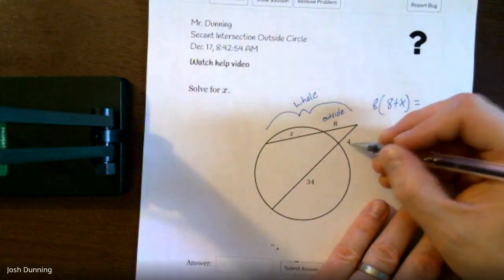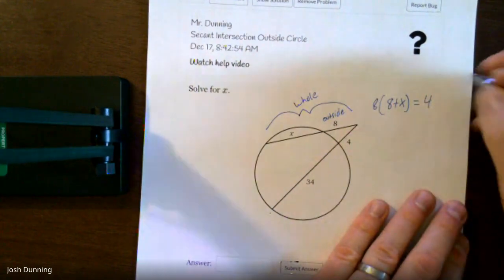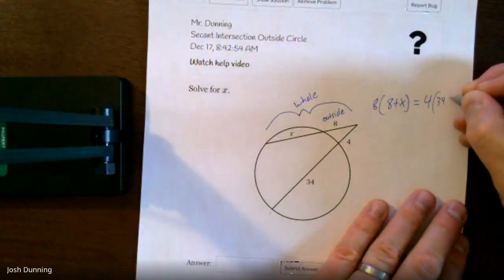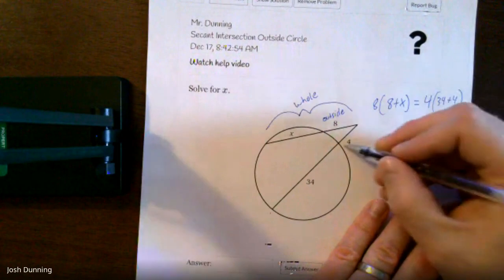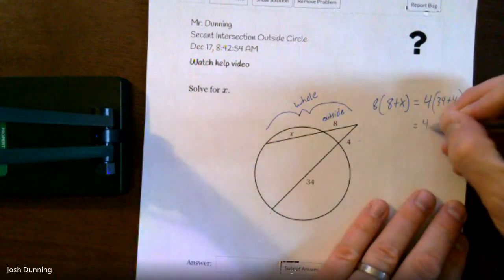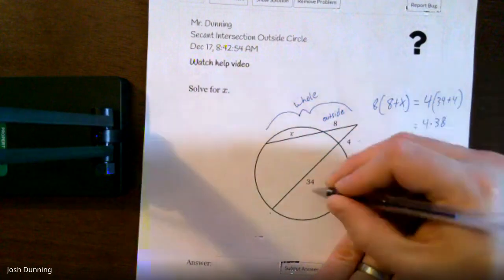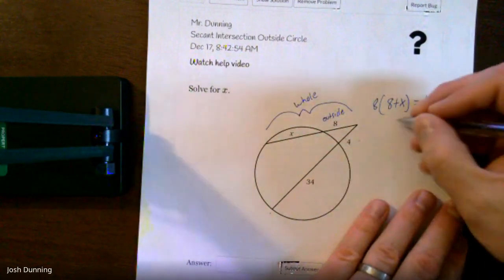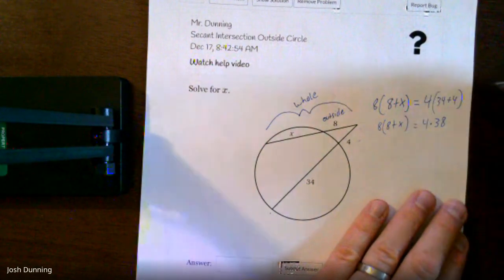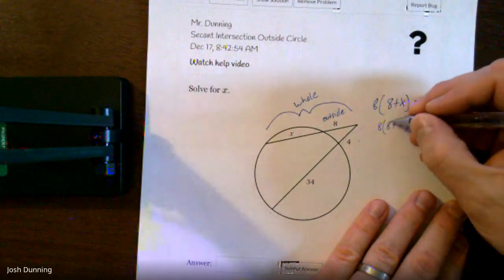Then the other side, outside times the whole thing. Now you absolutely can just add and write it down like this again. You must add those to get the whole thing. Or if you just want to say that it's 4 plus 38, that's fine. Either way, we'll distribute.